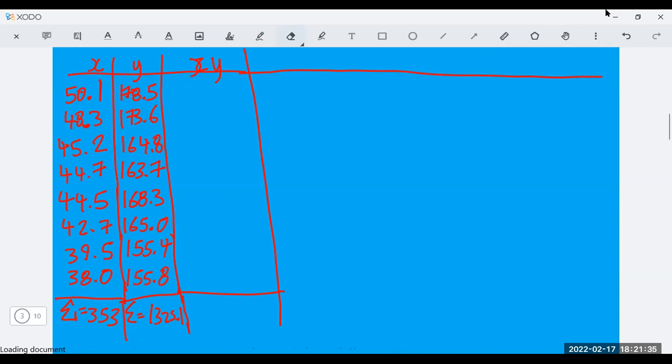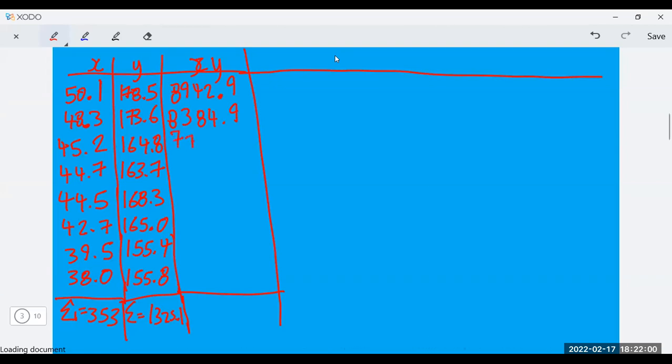All right, such a huge number, keeping it to one decimal place, I put 8942.9. Then 48.3 times 173.6, I get 8384.9. Then 45.2 times 164.8.